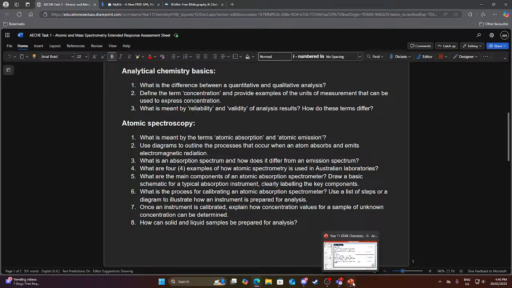In class we did the absorption and emission.